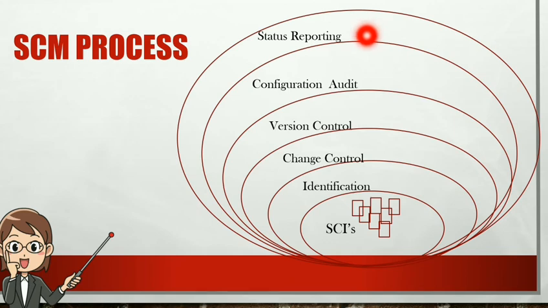When did it happen? Specify the time of occurrence of a change. The change status report is generated on a regular basis to keep the developers aware of the changes made and the history of the changes. It is very useful in a new release for constructing the new version. So status reporting plays an important role in generating regular reports.